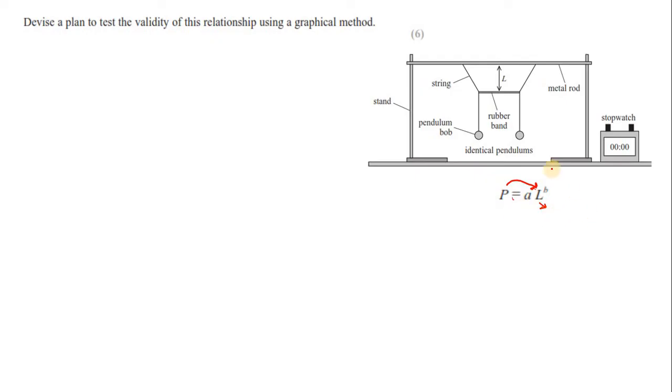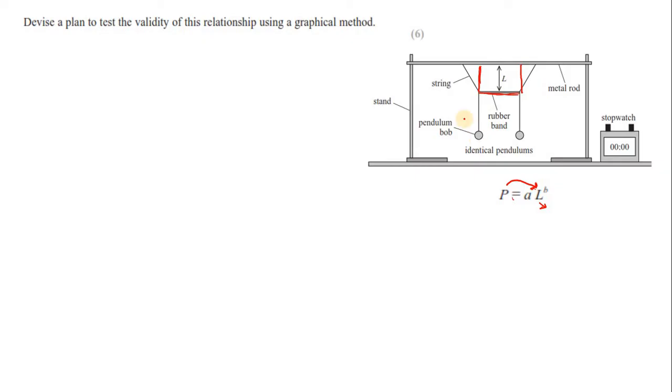First we can say that we are going to make sure that the rubber band remains horizontal. We can use the meter rule. We will measure the length L at both ends, so that we are sure that the rubber band is horizontal, and in this way we can measure the length. Once we set up, and are sure the rubber band is horizontal, and we have measured the length from both ends using the set square, we start oscillation of one pendulum.